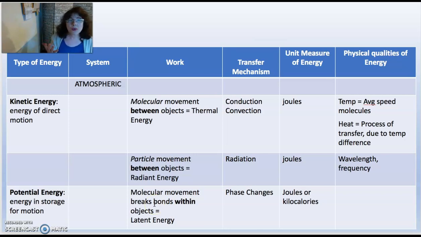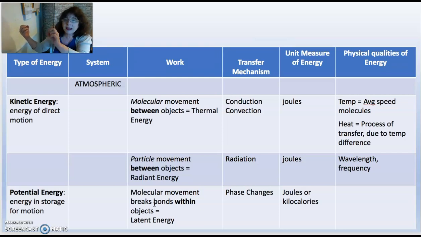And so that can become another phase of water. Ice can become water, water can become water vapor, vapor can become water, water can become ice. Those all break bonds within one substance, H2O. The bonds in the solid are very, very stable, hard to break.